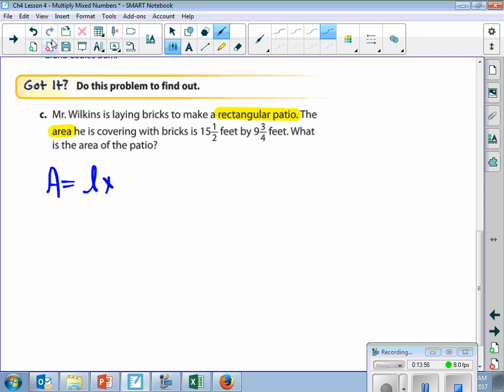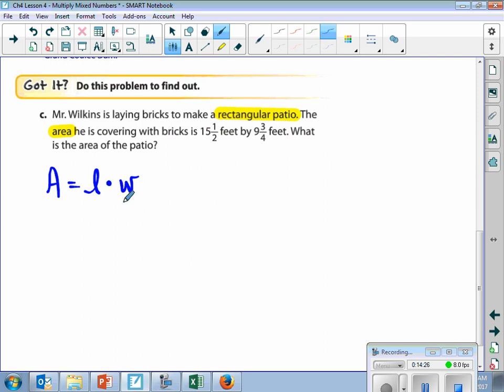And as a matter of fact, I'm going to write area is equal to length, and I'm not going to use the x, I'm going to use the dot, times width. The reason I don't want to use the x for multiplication is because the x looks like a variable, right? So length times width. So that is the formula for the area of a rectangle.